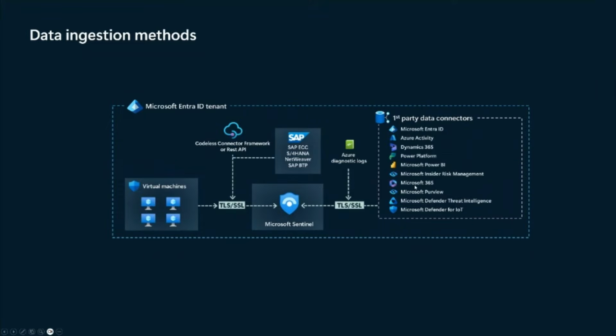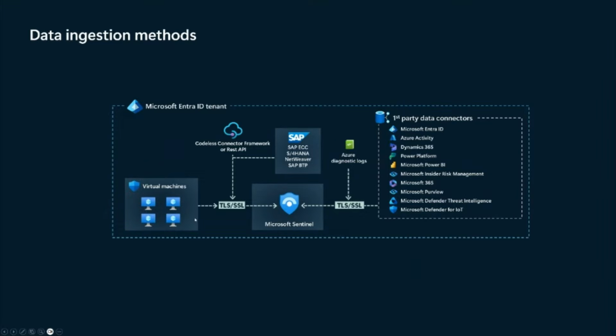If we take a look at expanding this a bit, there's a couple different types of additional connectors that are available. We have diagnostic logs, and that's really being mainly used for Azure resources and services such as Azure SQL, Azure Firewall, and also some Entra ID logs. We also have a dedicated SAP suite of connectors, so you can ingest SAP information directly into your Sentinel workspace.